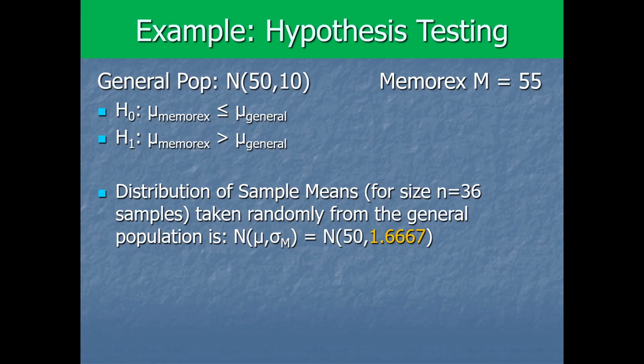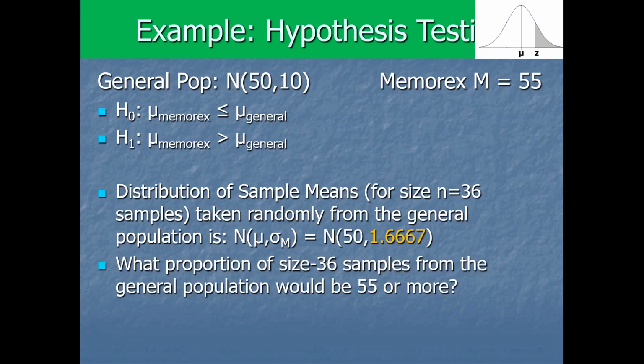Now technically the distribution we're creating, so I'll show you a little normal curve-shaped graph up here, this distribution of all possible sample means has a standard deviation that's not exactly the 10 of our general population. Actually, it's going to have a standard deviation of that 10 divided by the square root of the sample size.